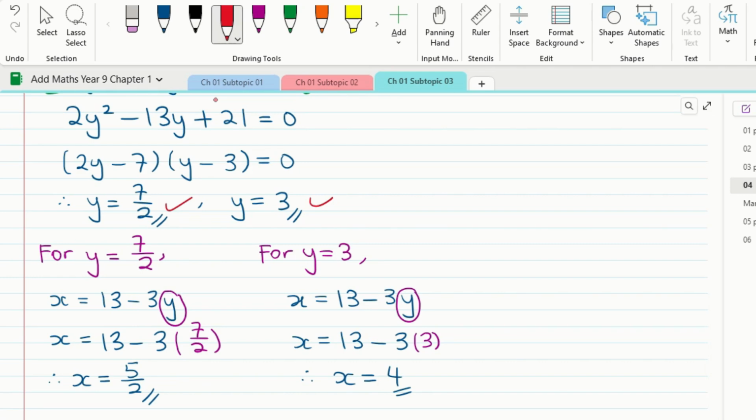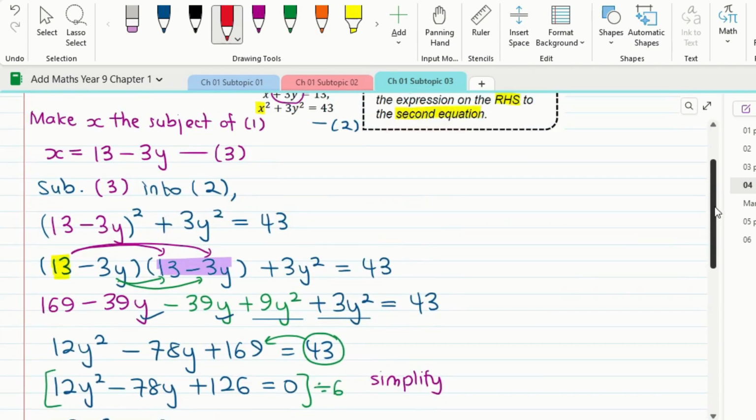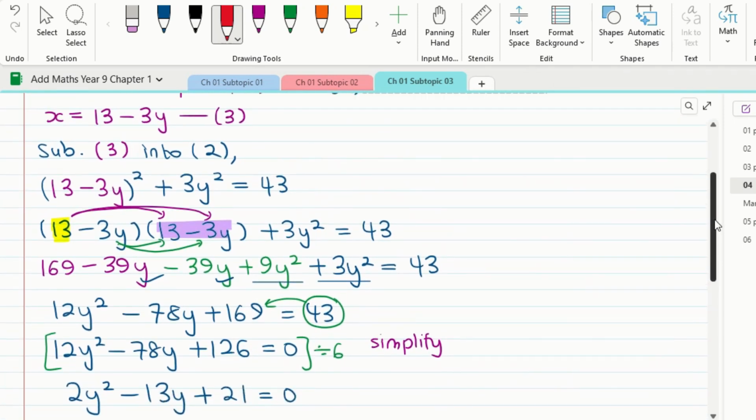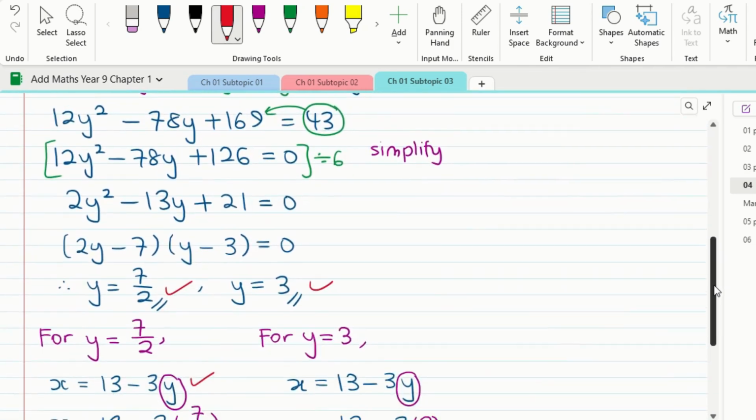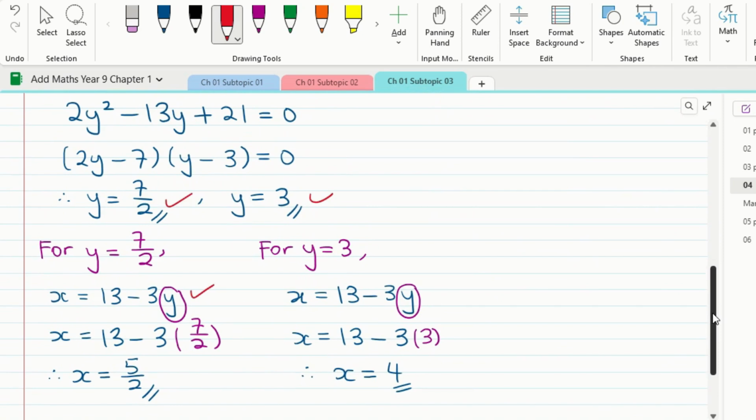For each y, when y equals 7 over 2, substitute into the equation of the subject x, because in equation number 3, x equals 13 minus 3y. So here, substitute the y values into 13 minus 3y.